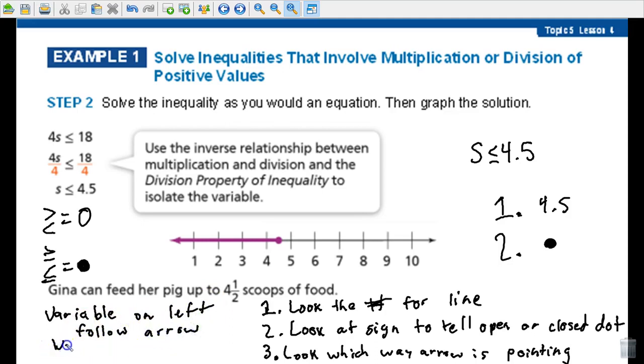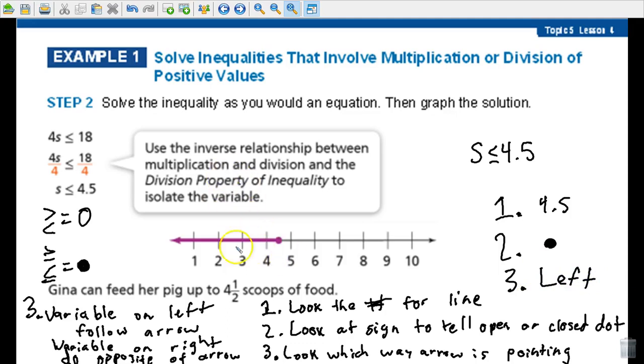Variable on right, do opposite of arrow. Okay, this is also number 3. They're both the same. The variable's on the left here, so we follow the arrow. We look at the arrow and it's pointing to the left. So 3 would be left with the arrow. Okay, we go to the left with our line. That was a lot, okay?